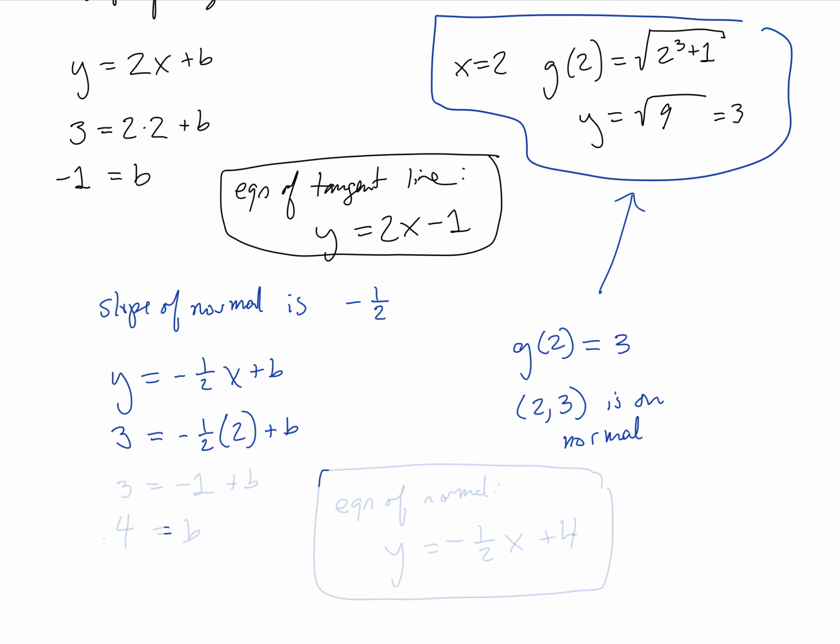Now solving for b, 3 equals negative 1/2 times 2 is negative 1 plus b. Adding 1 to the other side, 4 is equal to b. And so that means that the equation of the normal line is y equals negative 1/2 x plus 4. So that's the equation of our tangent line and the equation of the normal line.